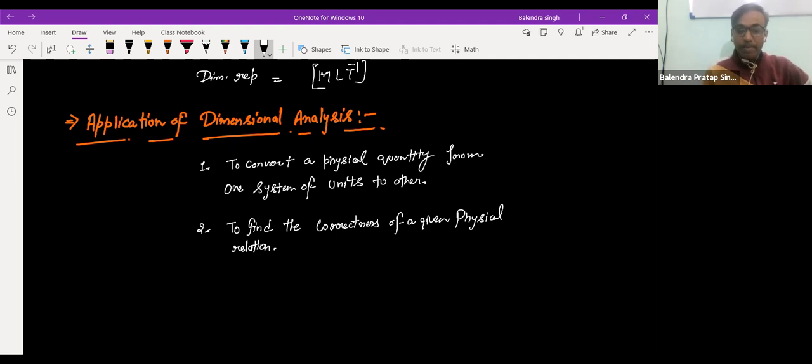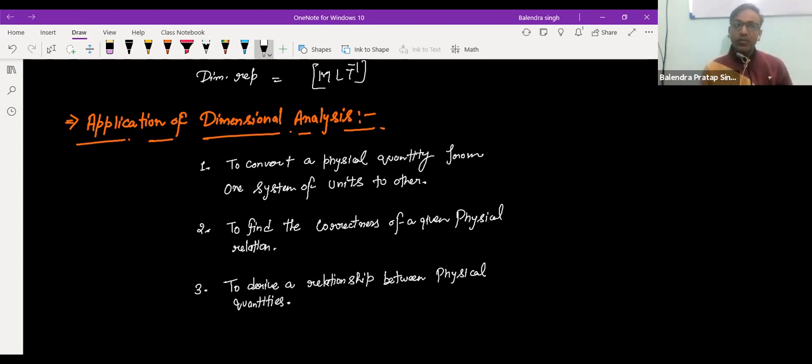And the third one is to derive a relationship between physical quantities. Suppose two quantities have some relation, such as area has a relation with length and breadth.